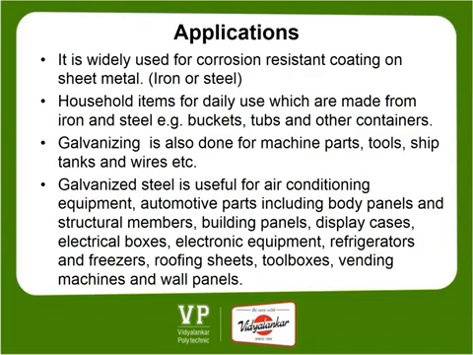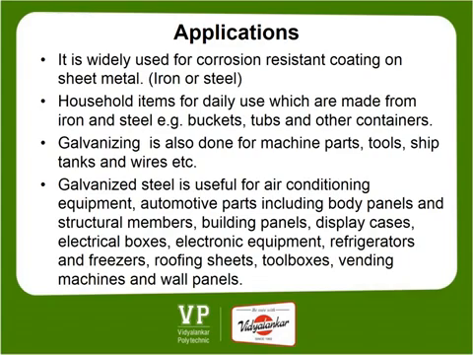The applications of the process of galvanizing are: it is widely used for corrosion resistant coating on sheet metal, mainly iron or steel. Household items for daily use which are made from iron and steel, such as buckets, tubs and other containers.